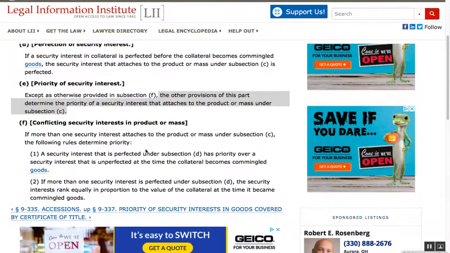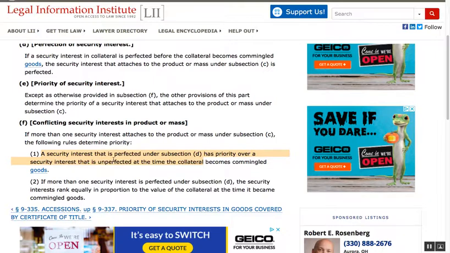Let's continue reading because as you probably noticed, there's an exception to this rule or some further elaboration on it. So here we go. A conflicting security interest. If more than one security interest attaches to the product or mass under subsection C, the following rules determine priority. A security interest that is perfected under subsection D has priority over a security interest that is unperfected.